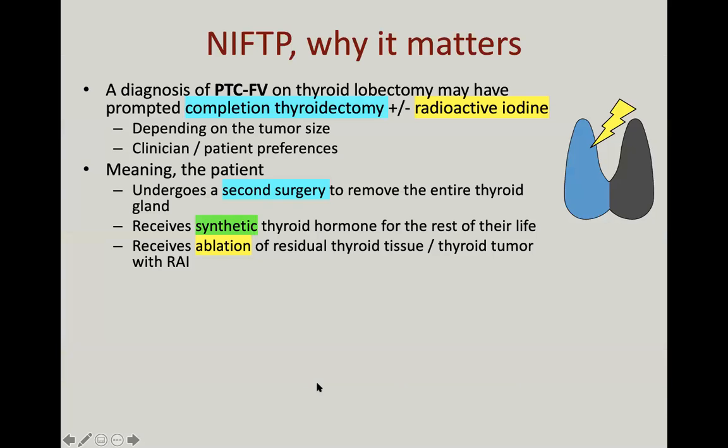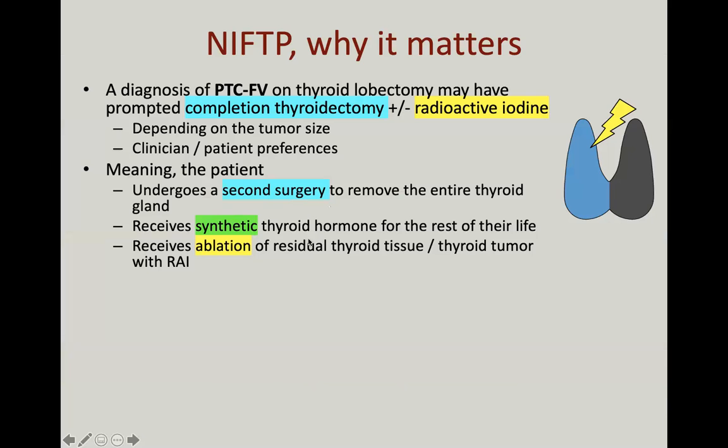Why does this matter? A former diagnosis of follicular variant of PTC would probably prompt completion thyroidectomy, possibly radioactive iodine treatment. So if this were a diagnostic lobectomy and follicular variant PTC were diagnosed, the patient had to undergo a second surgery to remove the whole gland, right?